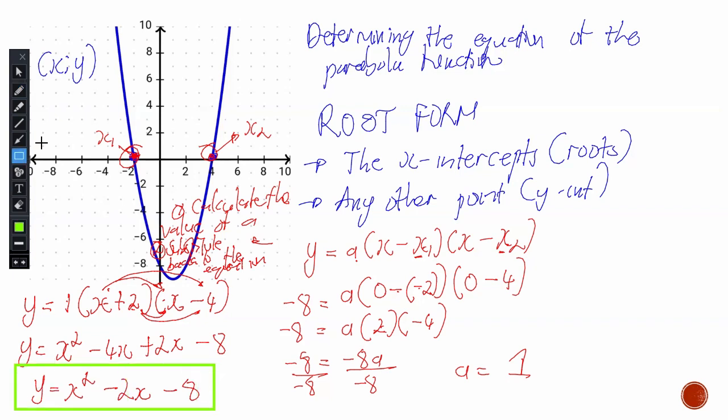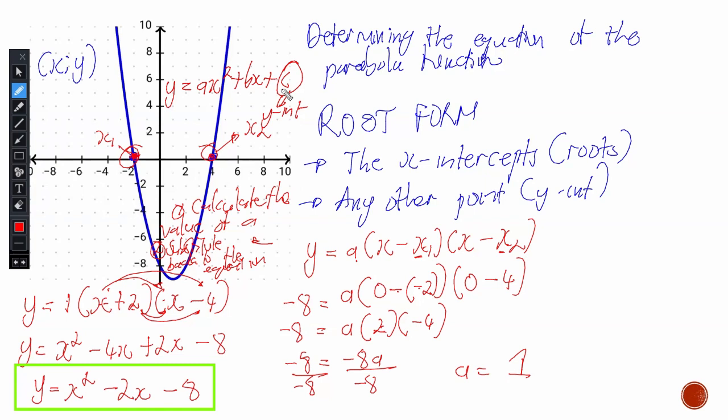And then also another important thing, it is very important that you understand that in this equation, y is equals to ax squared plus bx plus c. The c here is actually the y-intercept. As you can see here, the y-intercept is -8, and on that position, we have -8.